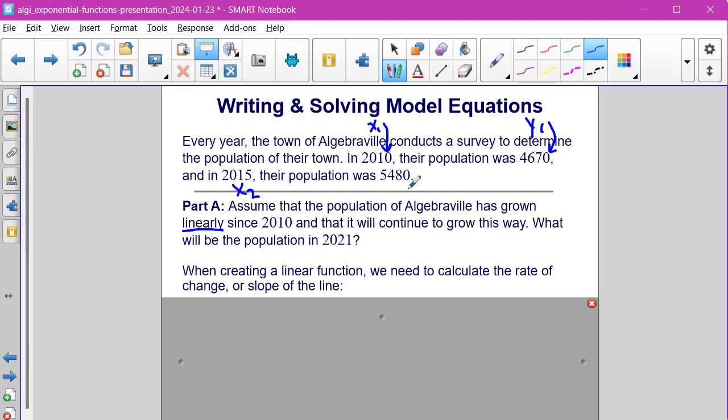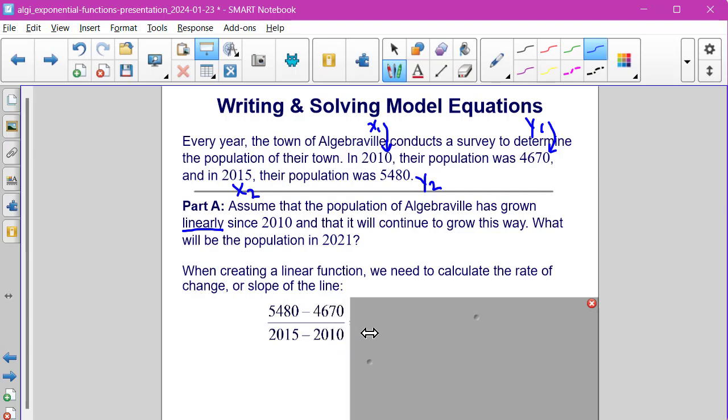And its population of 5,480 will be our y2. So we're going to substitute these values into the slope formula in order to find the slope for this linear function. So we're going to have 5,480 minus 4,670 divided by 2015 minus 2010.